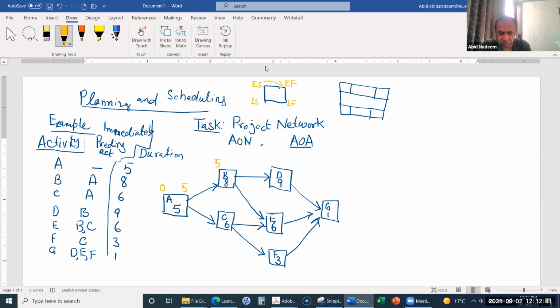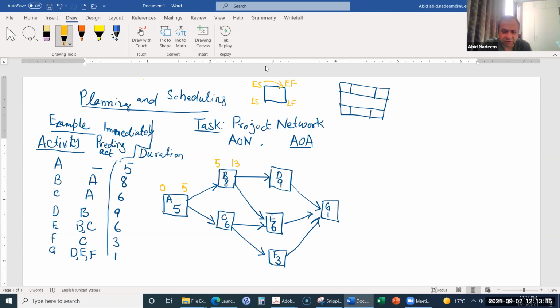So if it is 5 now, 5 plus 8 is 13. That will be the early finish time here. Now tell me this value, here for C. Can you see this cursor, this arrow, when I move, or do you only see it when I do something? No, we don't see it.